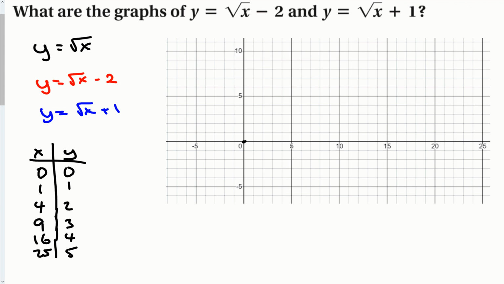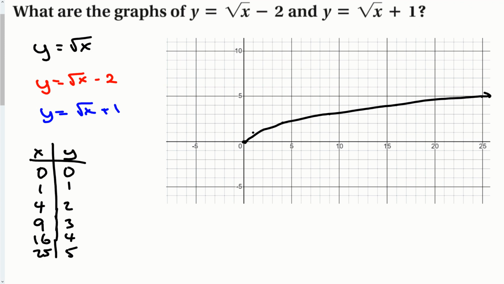So if I graph this, I get (1, 1), (4, 2), (9, 3), (16, 4), and (25, 5) to give me a curve that looks like that. Again, the trick is to use numbers that work with the root.